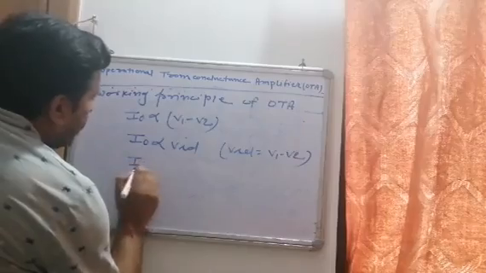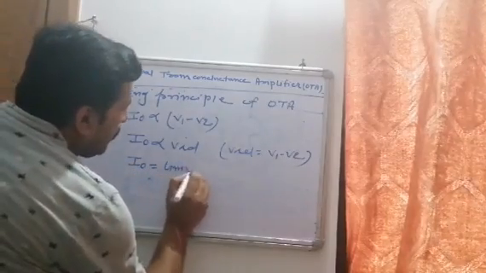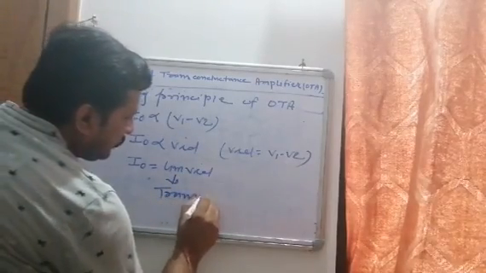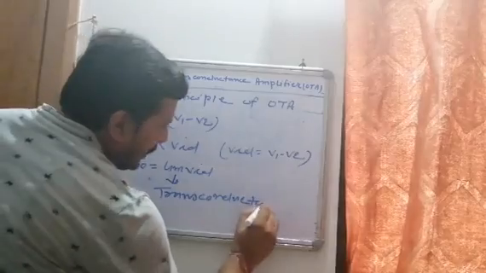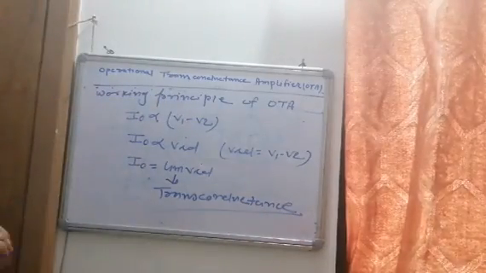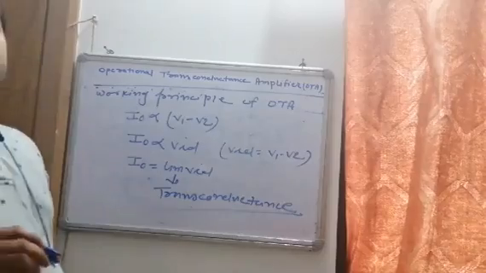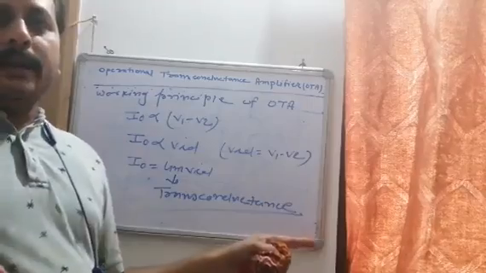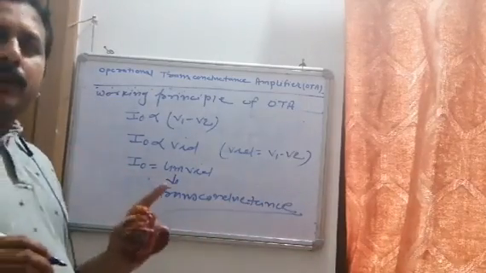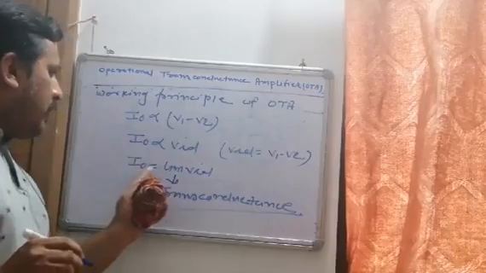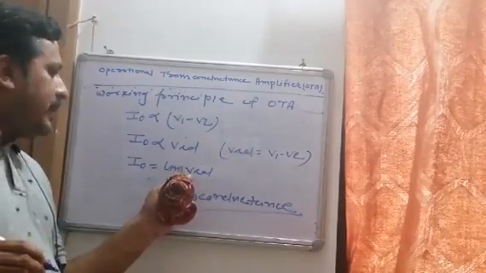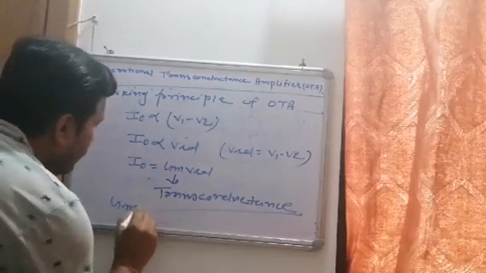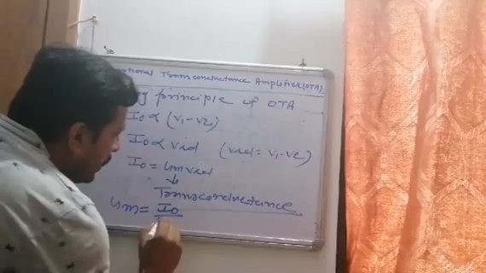So we can say I naught equals GM times VID, where GM is called the transconductance of the OTA. In the case of an operational amplifier, we denote output voltage as A times VID, the input difference voltage. But in the case of OTA, we define output current I naught equal to GM, the transconductance, multiplied by the input difference voltage. So transconductance GM is defined by I naught by VID.